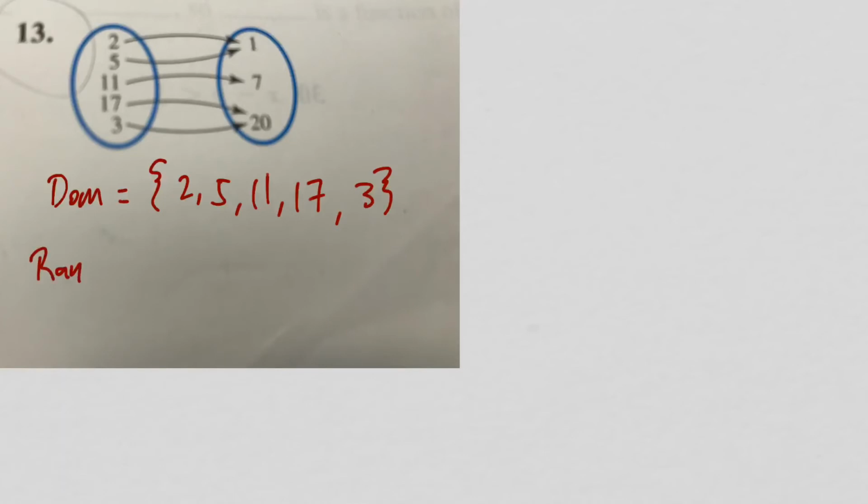The range values are 1, 7, and 20. This is a function because there is no one domain value that's being paired with more than one different range value. And so this is a function.